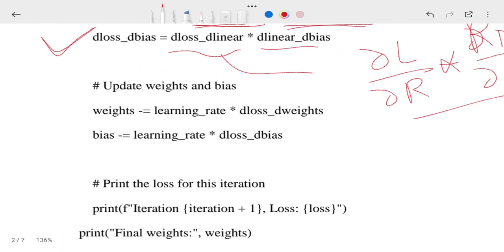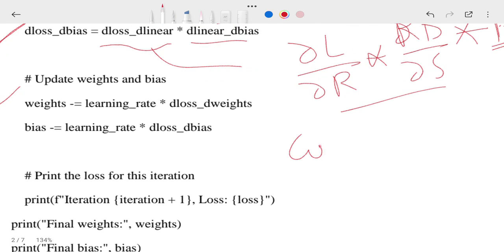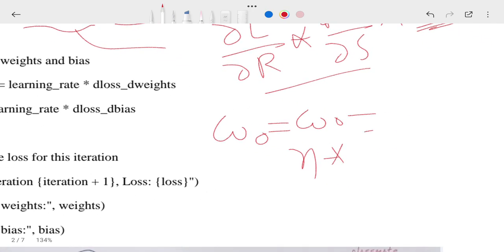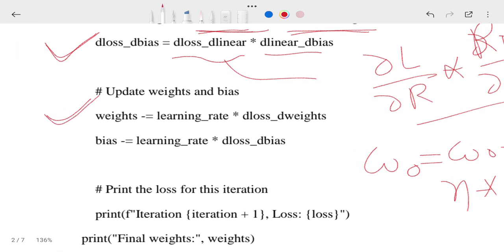Now after then I update the weight. So weight is equal to weight minus learning rate: W0 is equal to W0 minus N into dL upon dW0. So this is the meaning of this one. This is for every weight. How many weights are here? So every one.